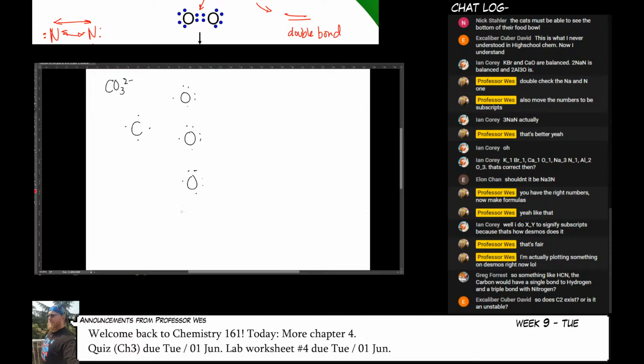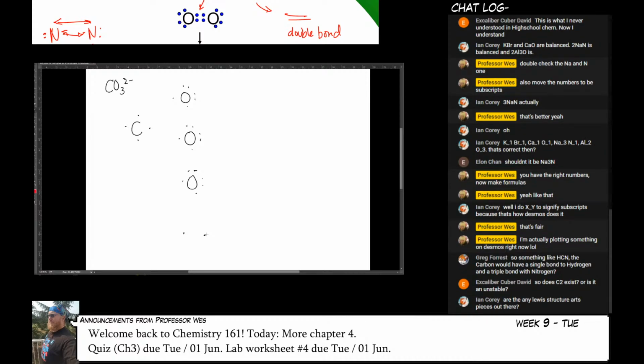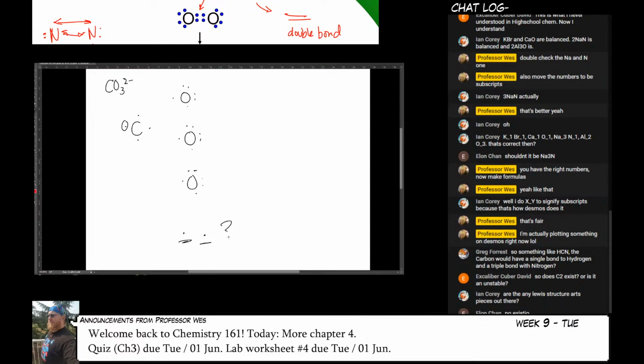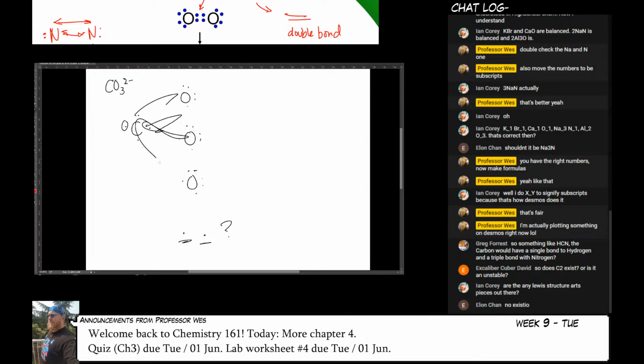So I'll fill in my dots, and then this 2 minus means I have 2 extra dots here. And I say, okay, go ahead and connect all the things. And the first problem that you'll run into is like, well, wait a second, I'm going to end up with a leftover electron. And then what the heck do I do with these? And so you end up in a nightmare of trying to connect everything back and forth. And it gets really confusing trying to do this connect the dots method.